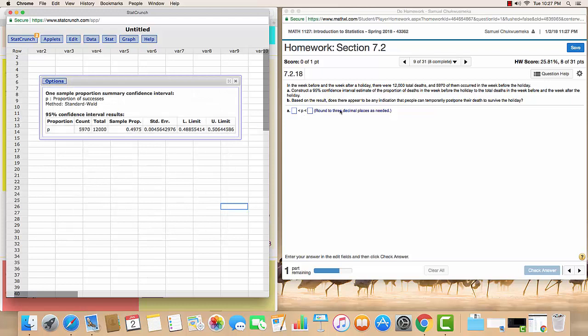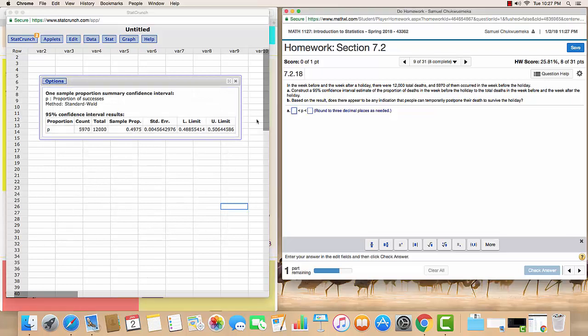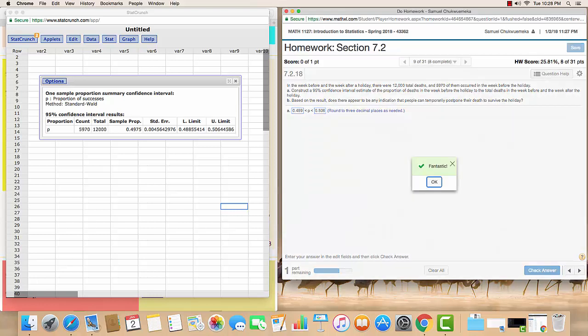So the confidence interval, the lower limit is 0.489. Upper confidence limit is 0.506.